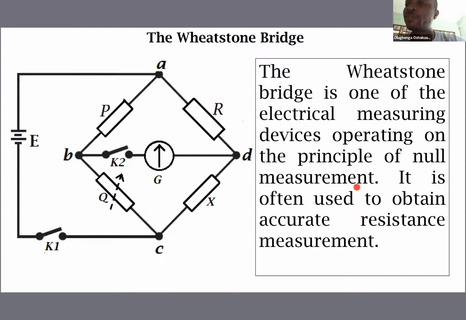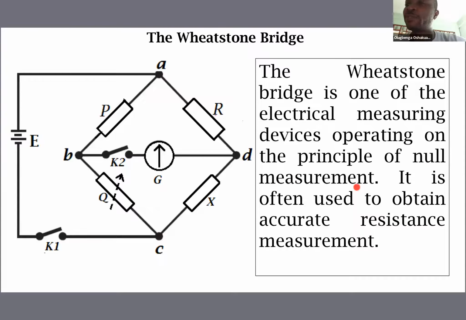So when I close key K2 and key K1, and the galvanometer, let's assume it is deflecting to the left, then I begin to adjust resistor Q because it's a variable resistor.